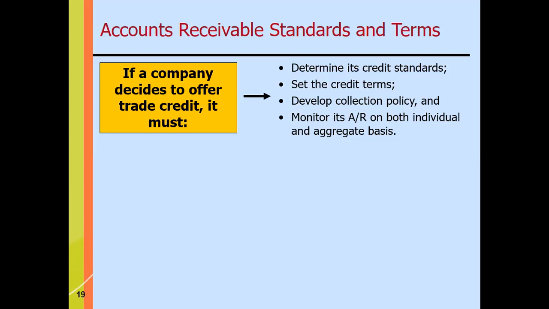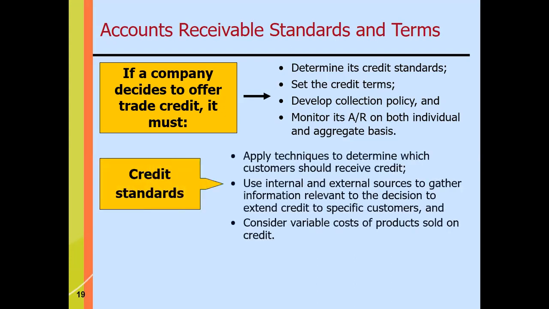And then we also call that the matrix approach. So we look into the individual, but also into the aggregate, because that would result in the recognition of bad debts, also known as uncollectible accounts or doubtful accounts expense.